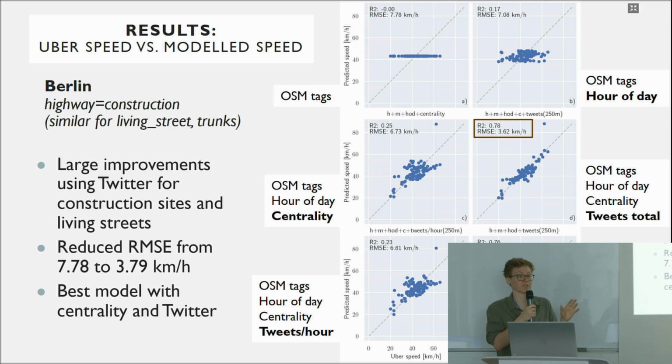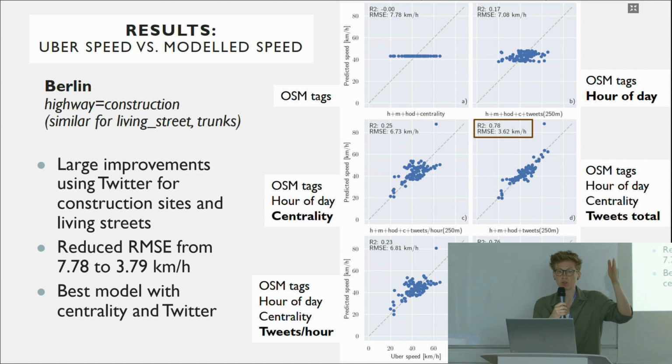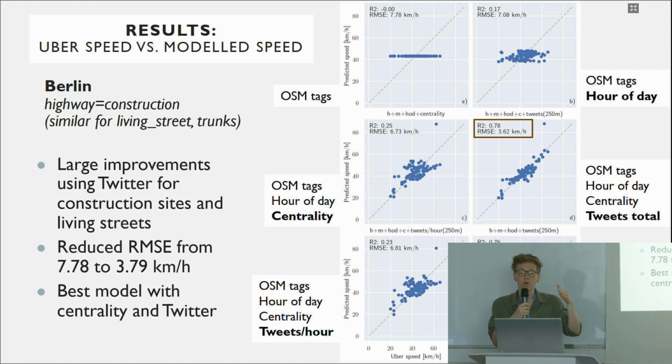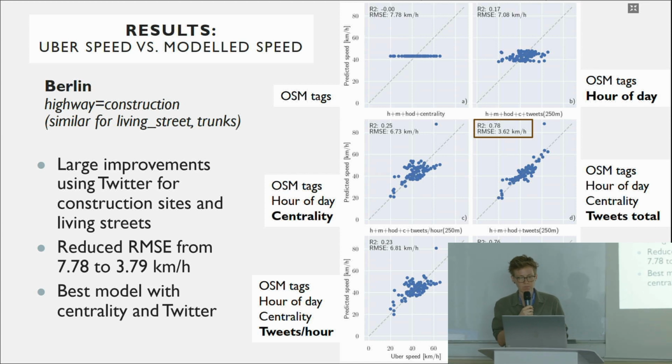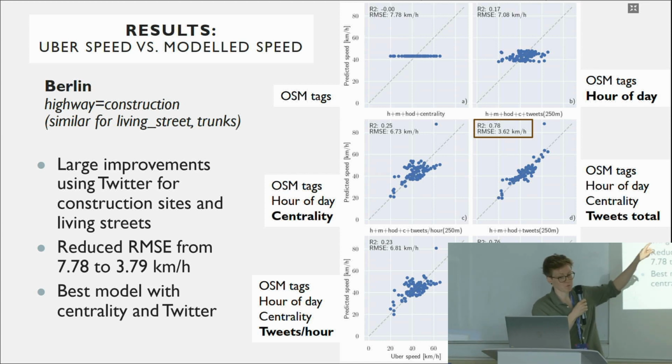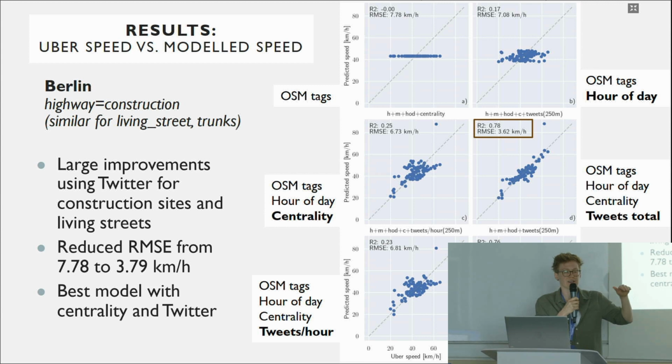Then looking at the residuals, we're now comparing our reference data, the Uber data, to the model speed data and seeing how the deviations are. In this case, we only look at roads which have the tag highway construction, so construction sites. Again, we have different models with different features. On the top left, you see the baseline model that only takes into account the highway tag and the max speed tag.